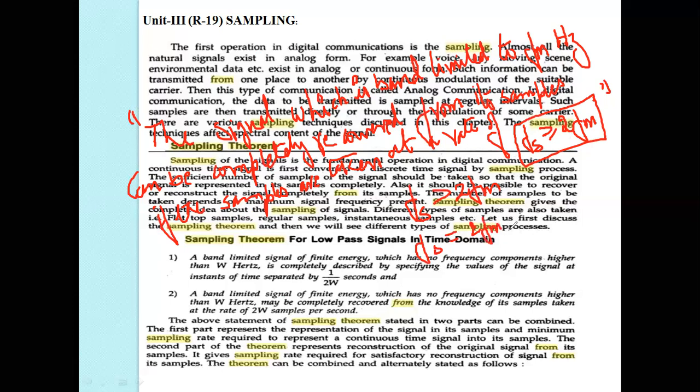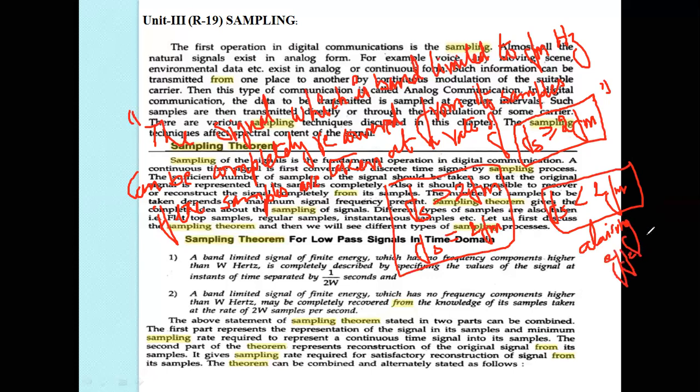It recovers the original signal under these two conditions. If fs is less than 2 fm, the original signal is not recovered. This is nothing but the aliasing effect.